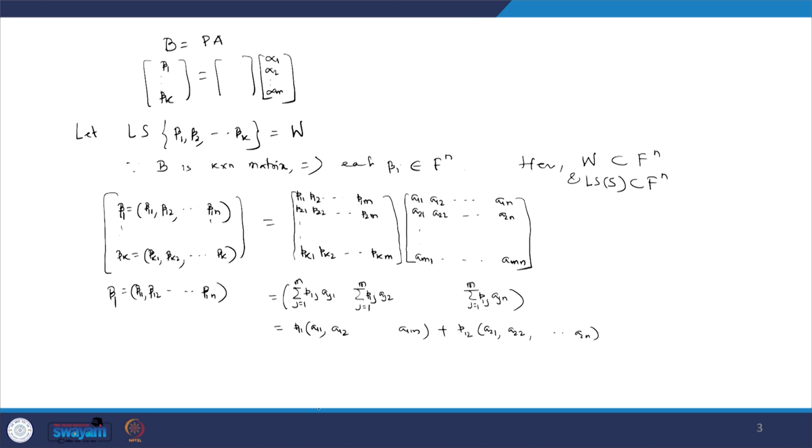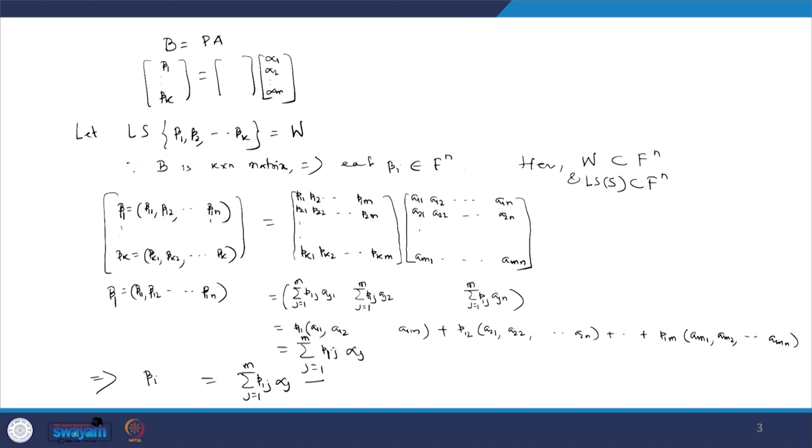Plus P12 times A21, A22, up to A2n, which is alpha 2. Similarly P1m times Am1, Am2 up to Amn. So this is equal to sigma Pj alpha j, j equal to 1 to m. In general, beta i will be sigma Pij alpha j, j equal to 1 to m.